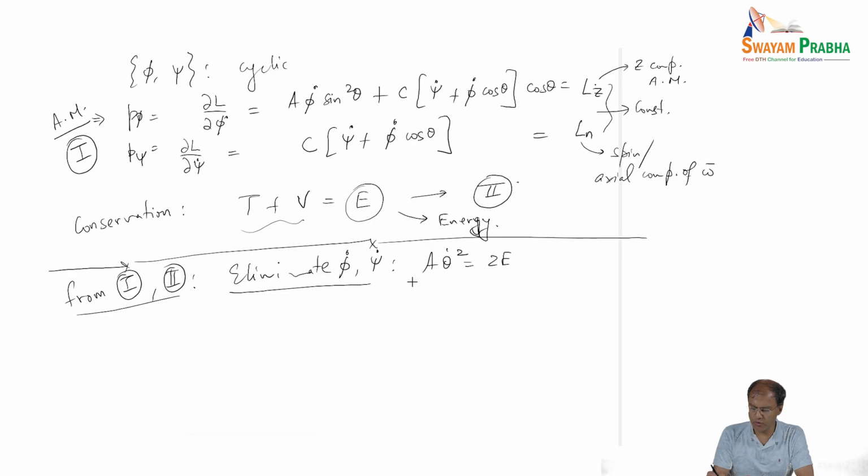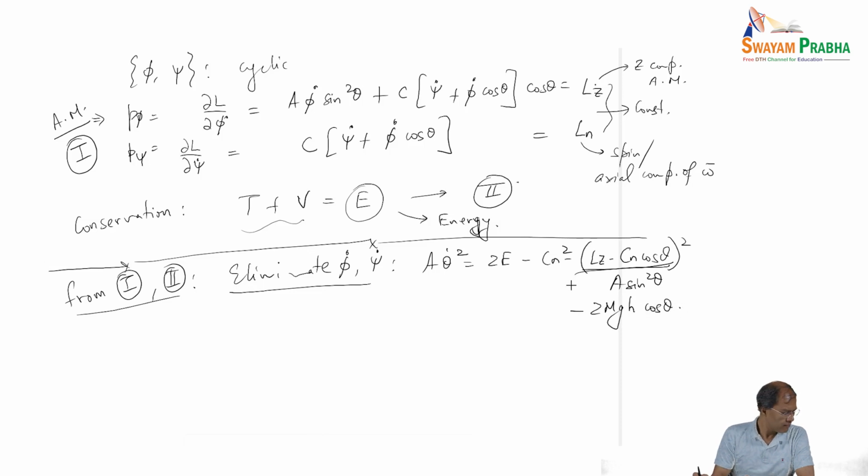So we have eliminated two variables. Our final equation looks as follows. This is minus Cn square minus Lz minus Cn cos theta whole square, divided by a sine square theta, minus 2mgh cos theta. Right?